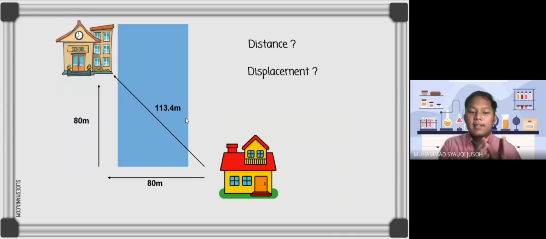While as you can see, the displacement is 113.4 meters since it is shorter than 160 meters. Both units for distance and displacement are meters. So remember, whenever you want to calculate distance and displacement, make sure it is in meter unit.